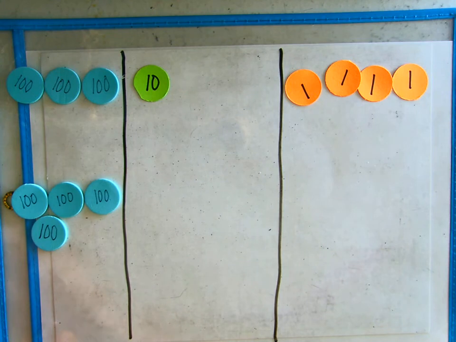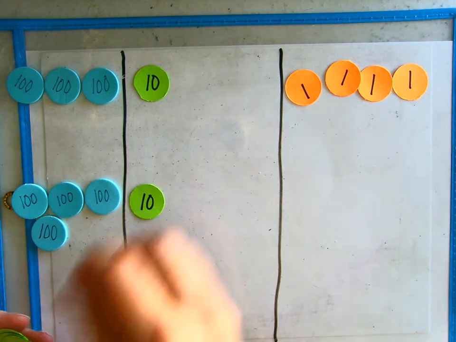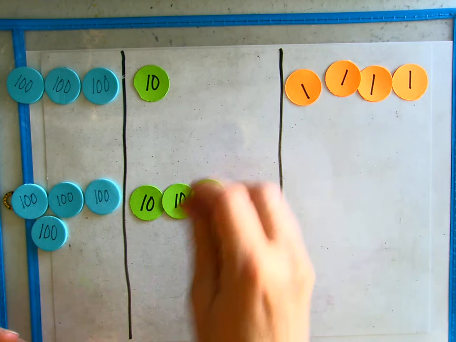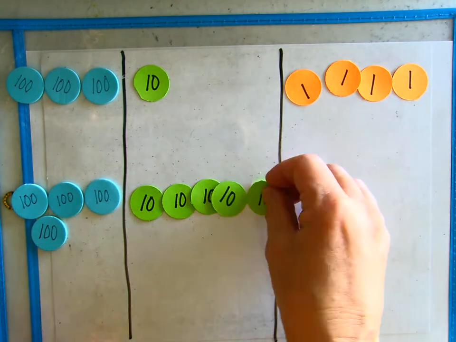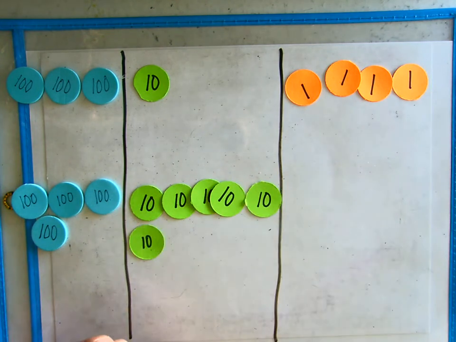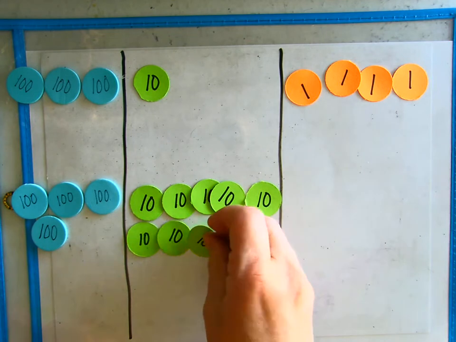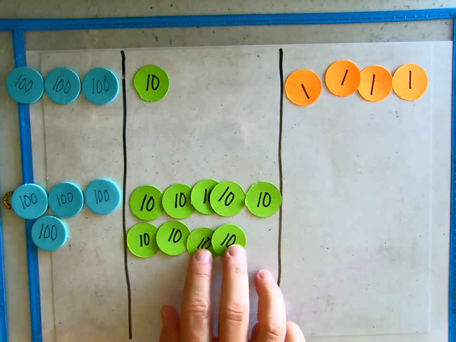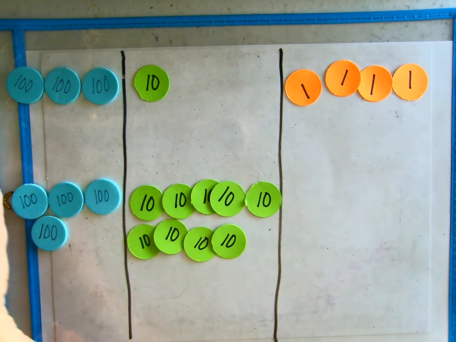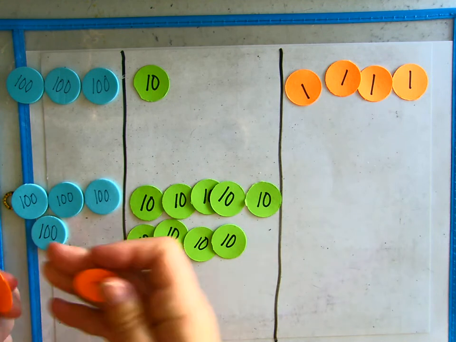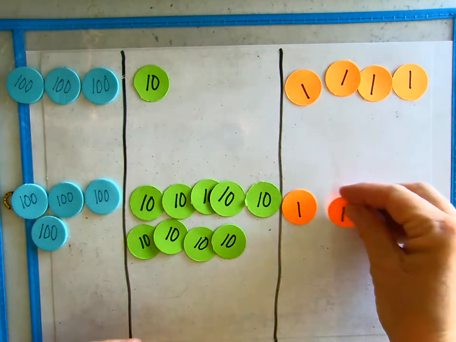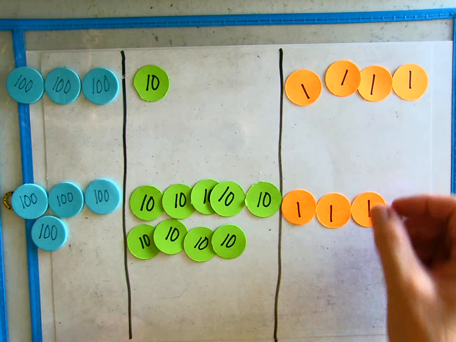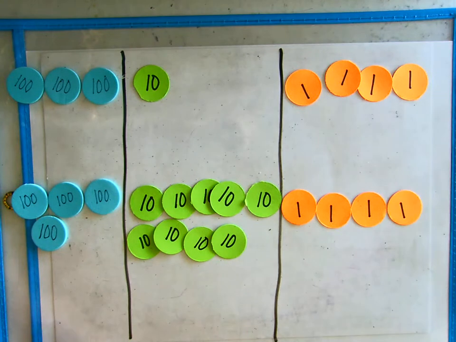So there are 9 tens, 1, 2, 3, 4, 5, 6, 7, 8, 9, and 5 ones, 1, 2, 3, 4, 5.